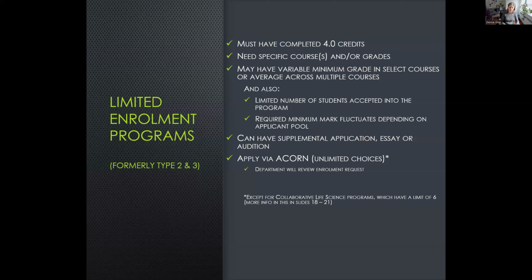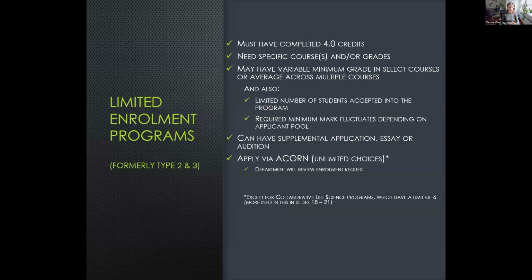But meeting those minimum requirements doesn't necessarily guarantee you admission to the program. It may be that the department says, we have a certain number of spaces and we will take the best of the students who apply. So the minimum admission average could fluctuate depending on the applicant pool.